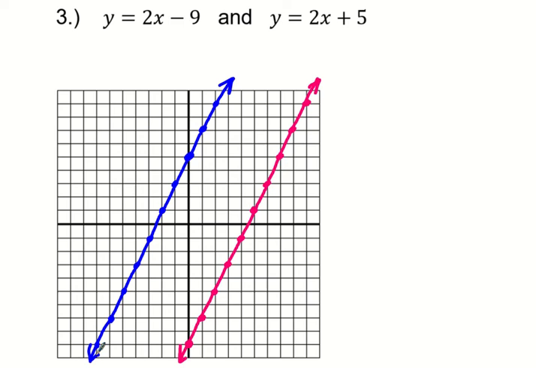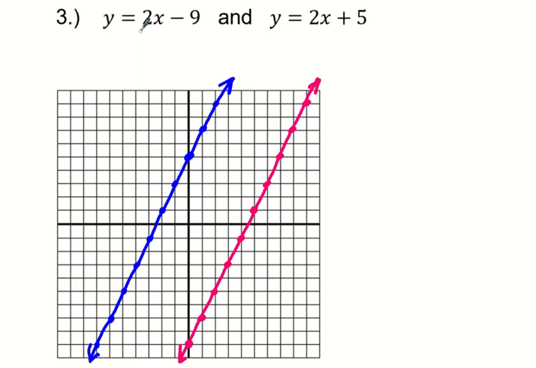So these two lines are parallel. What makes them parallel more than anything is that they have the same exact slope as each other.